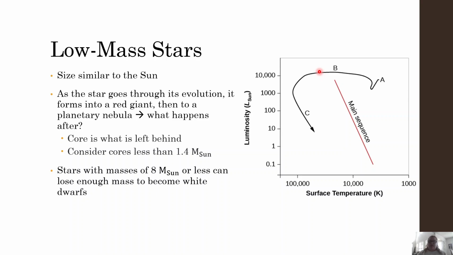So, this is an idea of a star that is more massive than the sun. Sun would be somewhere around here, I would say, lying on that main sequence. And it evolves through to the white dwarfs that we'll see here.